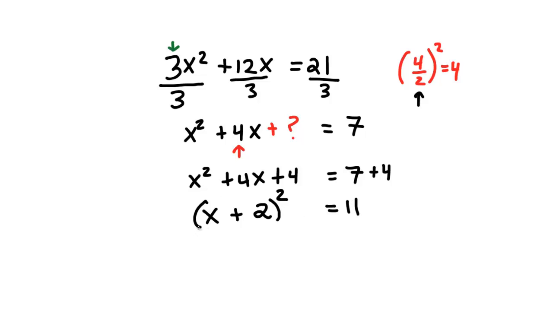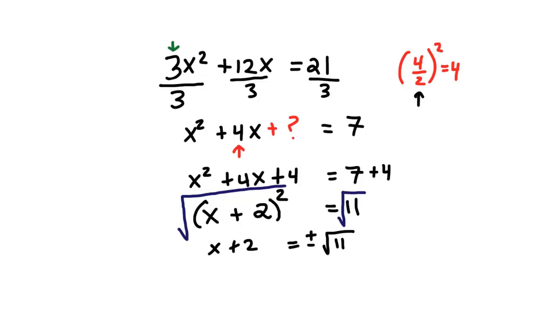Okay? So now we can just take the square root of both sides. So we'll end up with x plus 2 on the left, and that's equal to plus minus the square root of 11.